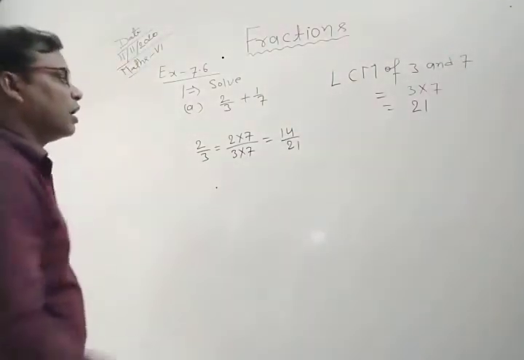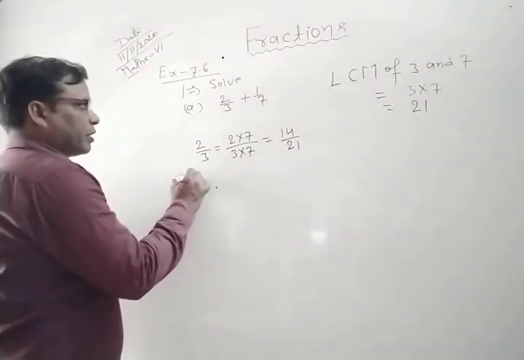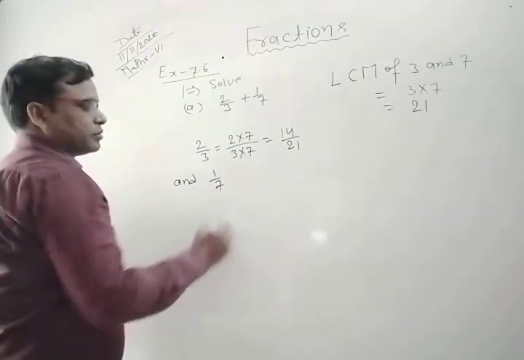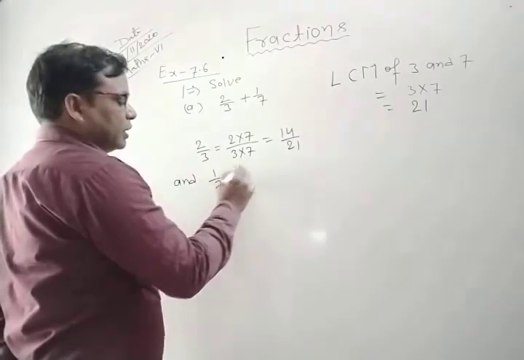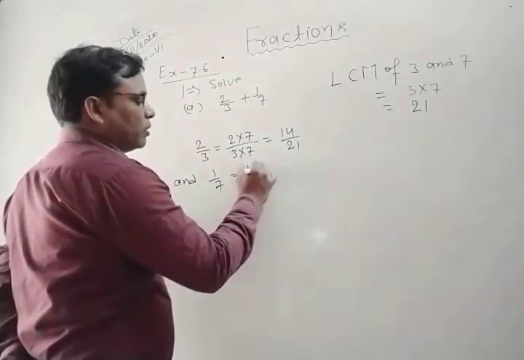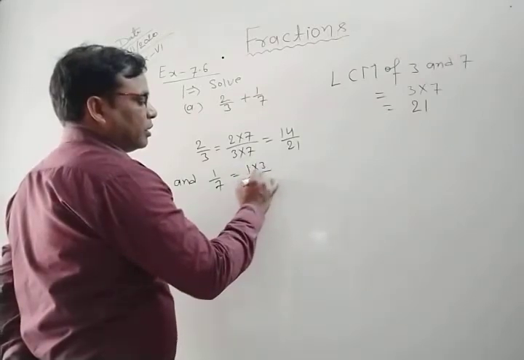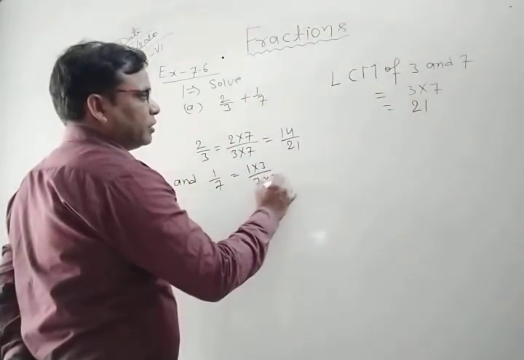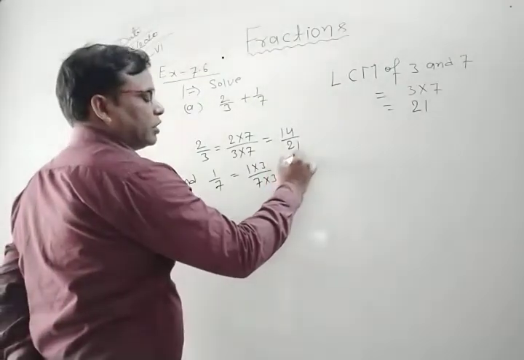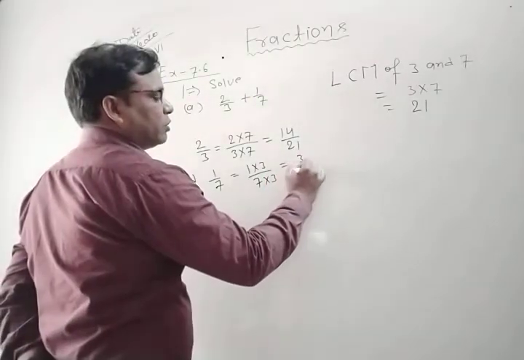In the second fraction, 1 by 7, we multiply by 3: 1 into 3 over 7 into 3, because their LCM is 21. So 1 times 3 is 3 and 7 times 3 is 21.